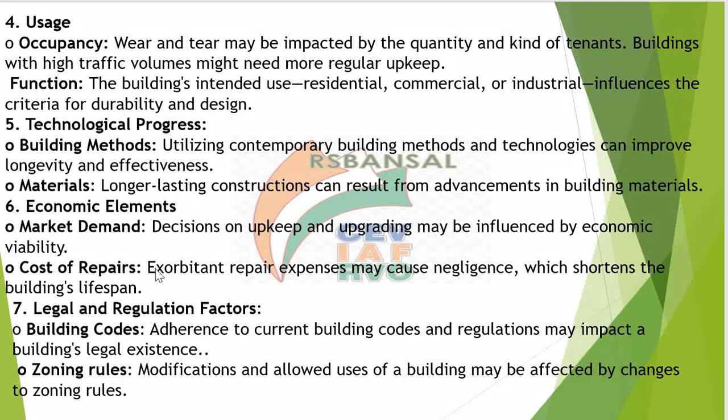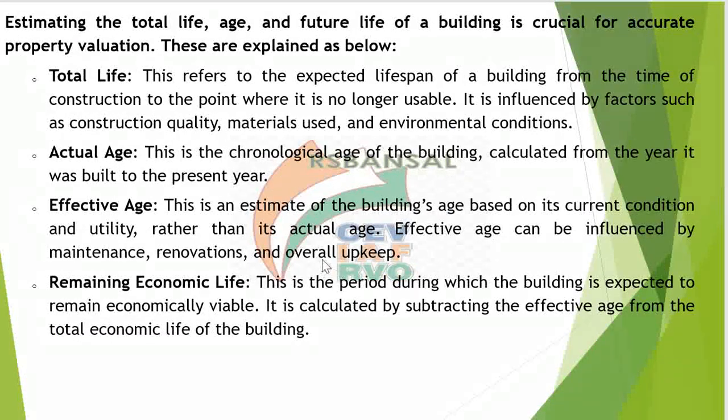Then cost of repairs. Exorbitant repair expenses may cause negligence, which shortens the life of the building. And then legal and regulation factors, which you have already studied, such as building codes, zoning laws, or legal restrictions that affect the life of the building.